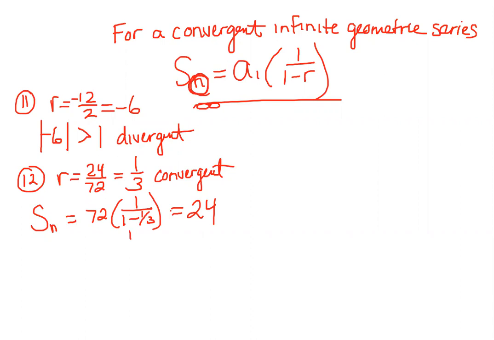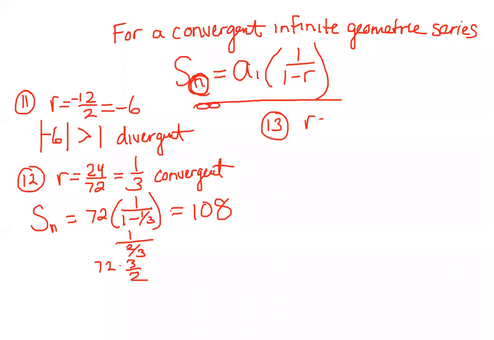Let's see. 72 times 3/2. That's not right. It's 108. So I don't know why it's there, but that is not right. The answer there is 108. It doesn't make sense that if you're adding 72 plus 24 plus 8, you'd end up with 24. All right, let's look at number 13. That was weird.